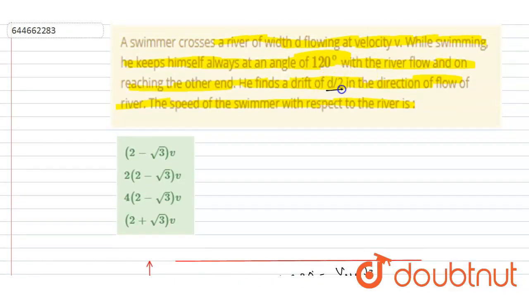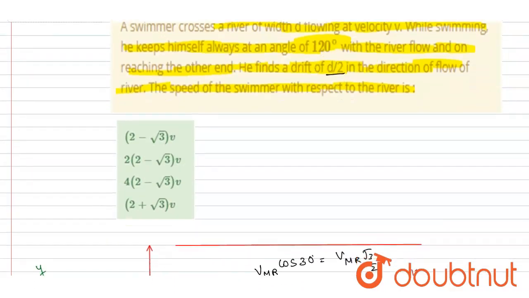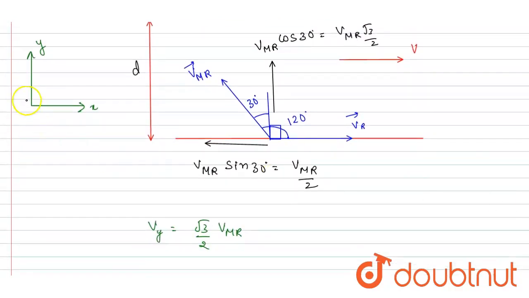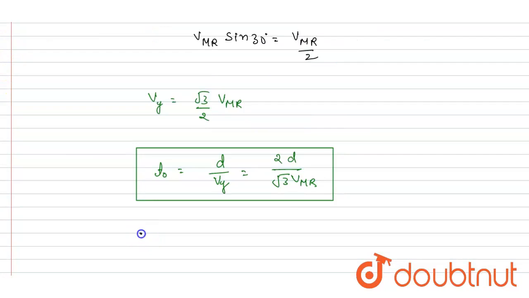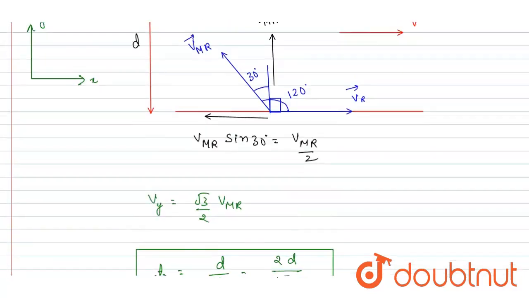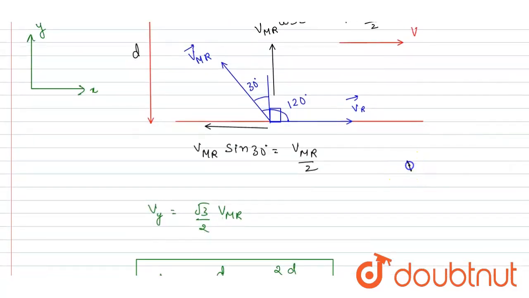Now it takes this much time to cross the river, and in this time it is said in the question the drift is d by 2, right? So the drift will be equal to x is equal to vx into time t naught. Here the drift is d by 2 and the velocity in x direction will be VMR by 2 minus vr.